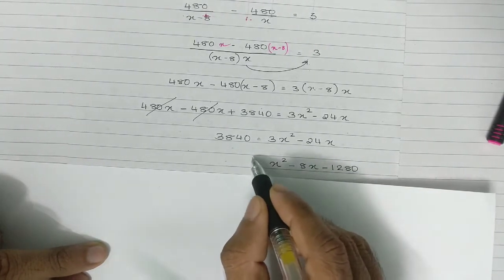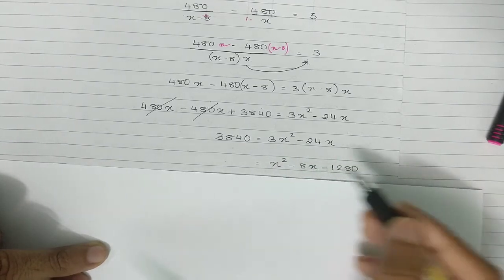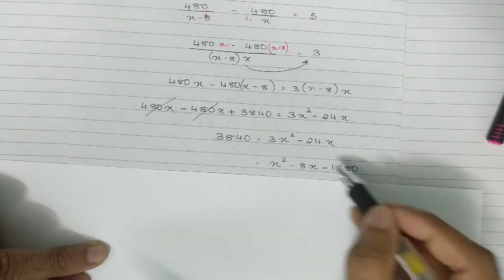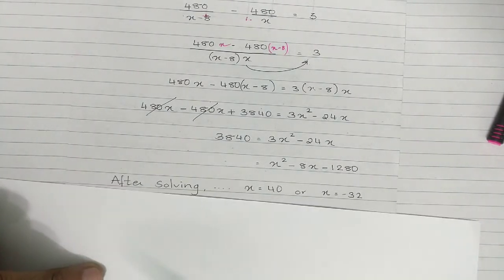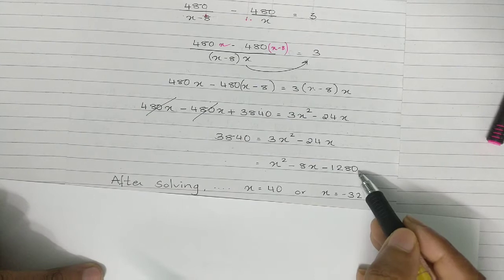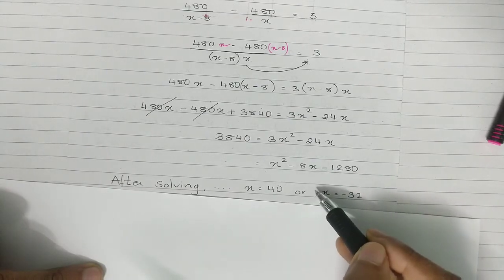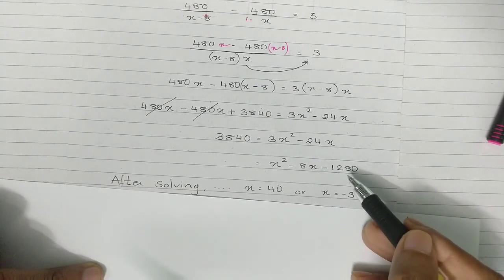So I get a quadratic equation. Now I've already taught you different methods of solving a quadratic equation. You can use those methods and you can solve this part. I have not done that solving because that is for you to practice.